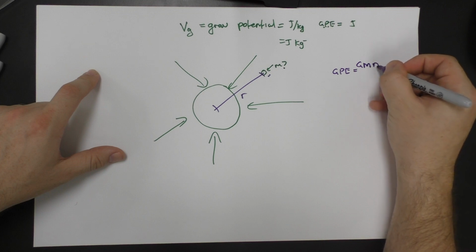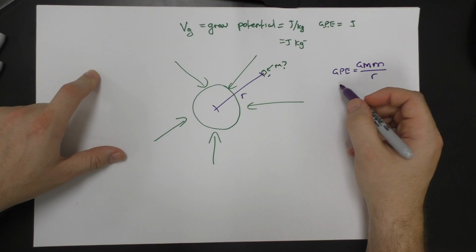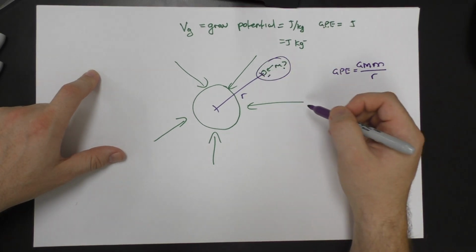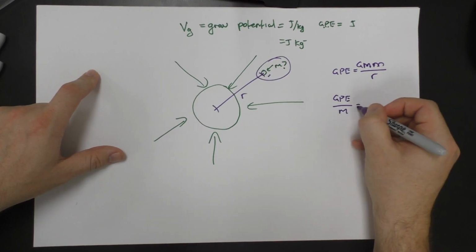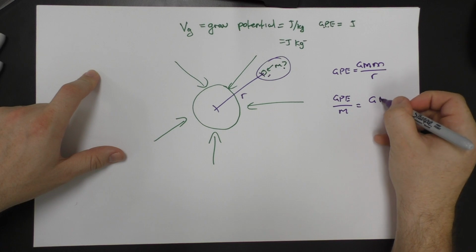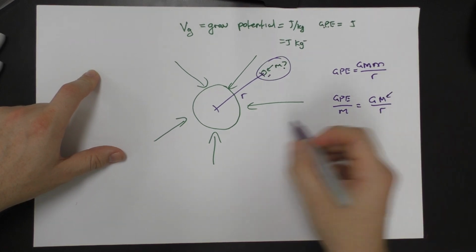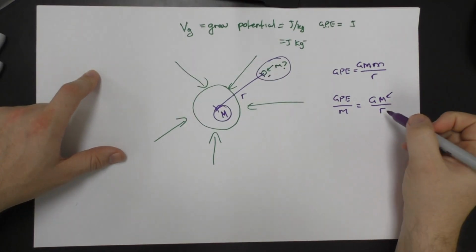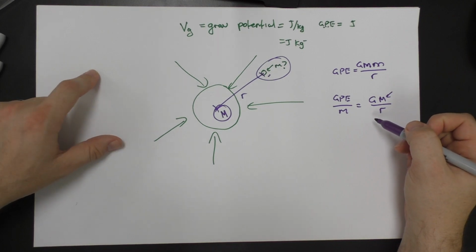We can say that because GPE is equal to GMm over r, well, we can divide both sides by the mass that we don't know. So GPE over m equals GM over r. Now, I'd just like to point out that this M here is this mass here, the mass that's creating the field. This is the same kind of appearance as in field strength.